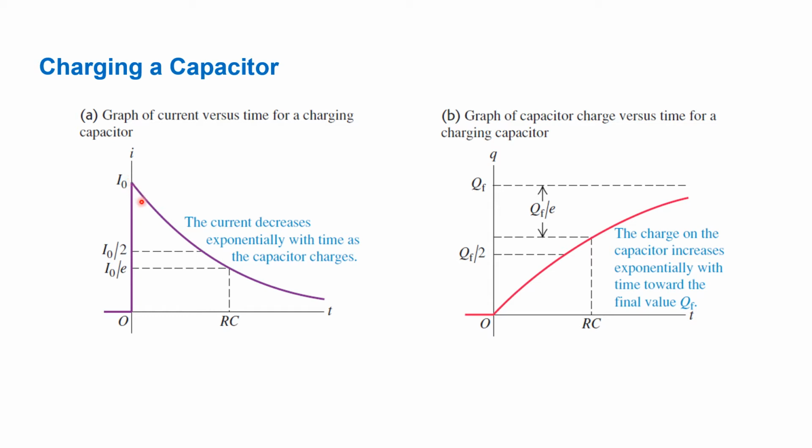And the current decreases exponentially with time as the capacitor charges. And this is the graph of your Q versus your time. As you can see here, it starts at 0 at time equals 0, and the charge on the capacitor increases exponentially with time toward the final value QF.